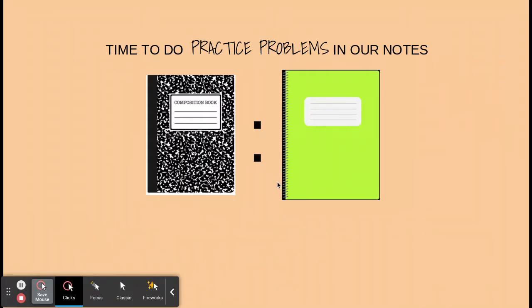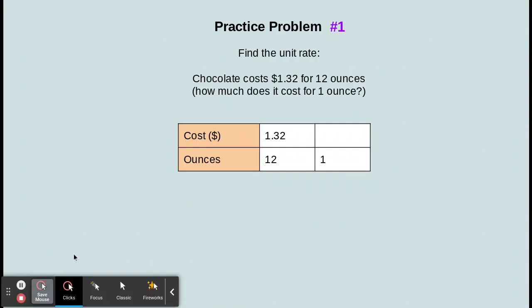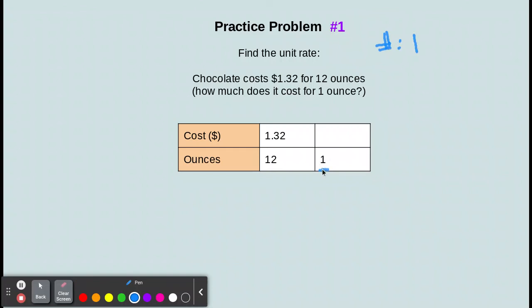All right, now time to do just 2 practice problems. Practice problem number 1. Find the unit rate. Remember, with unit rates, it's a number to 1. Well, we already have the 1 here. And this is a ratio table, right?